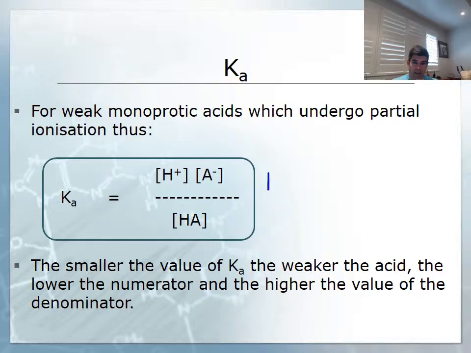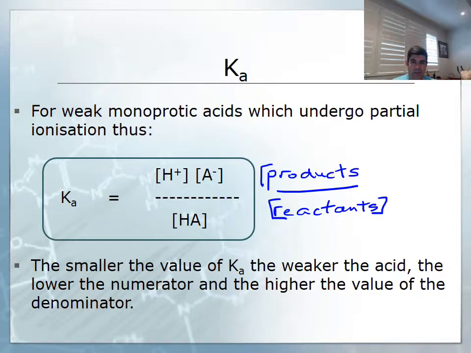Ka is equivalent to the concentration of the products, which is the two ions, divided by the concentration of the reactants. And when we're looking at each of these, we are talking about concentrations. And these are multiplied together.